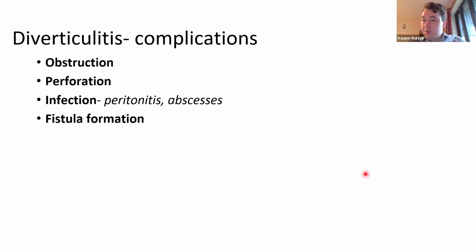Now, why do we want to treat diverticulitis? It's because it can go ugly if left untreated. It can lead to obstruction, especially with repeated episodes if there are several scars from the earlier inflammation. The diverticulum, if it's inflamed, can perforate and spill out the contents into the peritoneal cavity, and that can lead to infection. So we have peritonitis from a perforated diverticulum, or the diverticulum can turn into an abscess.